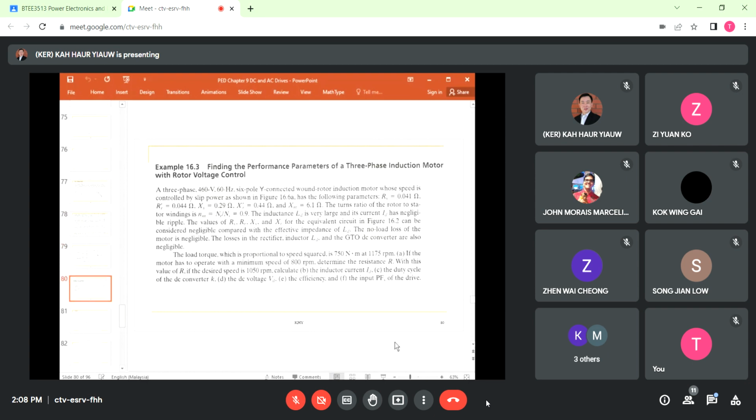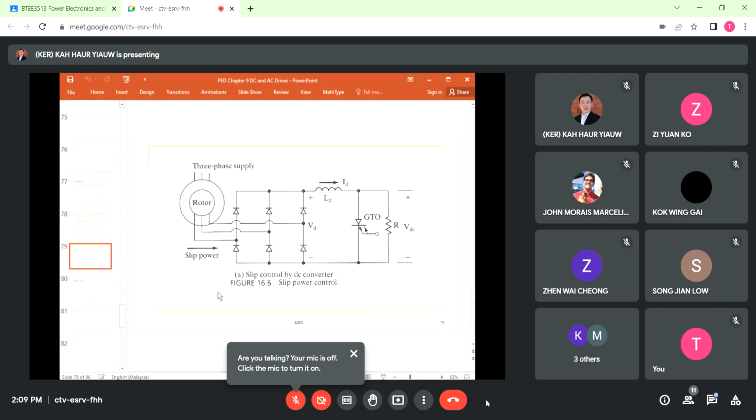Example 16.3. Finding the performance parameters of a three-phase induction motor with rotor voltage control. A three-phase 460 volt 60 Hz 6-pole Y-connected wound-rotor induction motor whose speed is controlled by slip power, as shown in figure 16.6a, which is this one.